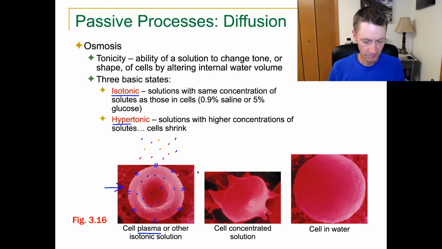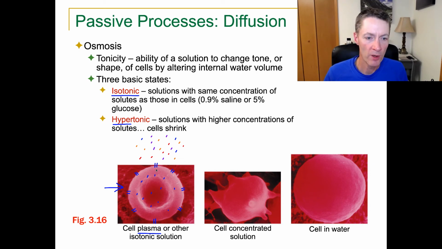What if we were to add 13, 14, 15, 16, 17, 18, 19, 20, 21. Okay, so now I've made it more salty outside of that cell. And like I mentioned, only water can move through these pores, remember?